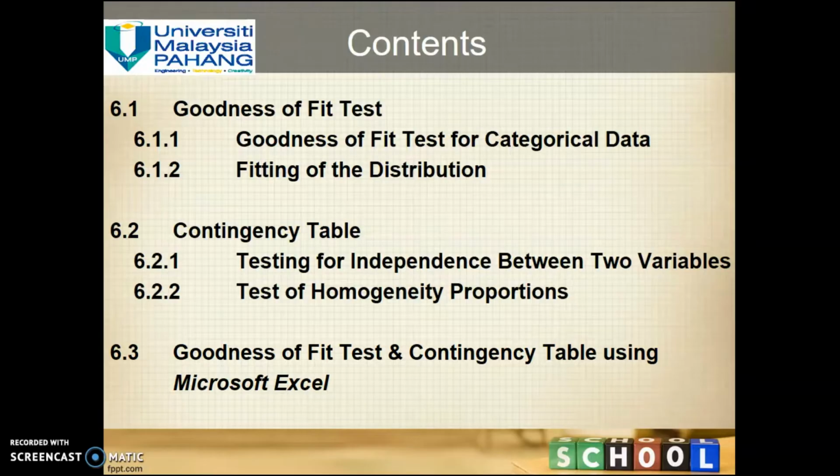Okay, for this chapter, the idea of chapter 6 is that you are dealing with qualitative data. This chapter is specifically for qualitative data, so the data that you have here is frequency data.